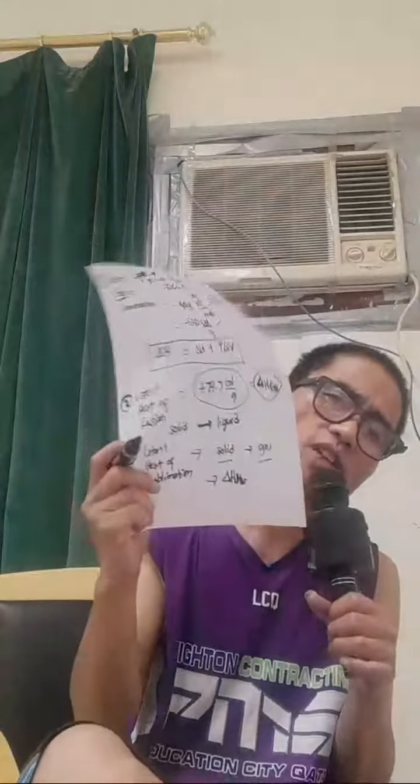A change from solid to gas. Take note, guys, if you can obtain the latent heat of sublimation, the latent heat of fusion, the latent heat of condensation, you can determine right away if it is an exothermic or endothermic reaction, whether it is endothermic, exothermic, spontaneous, non-spontaneous. If it is negative, then when you substitute it in this equation, it changes the formula.